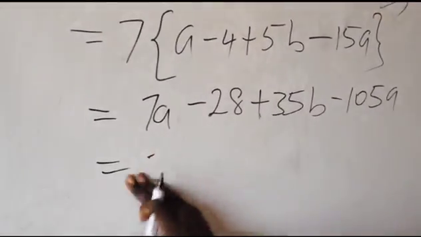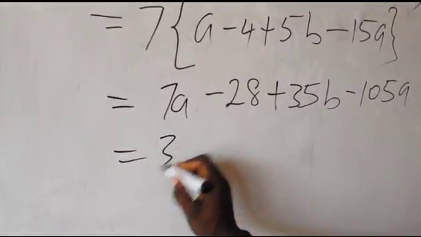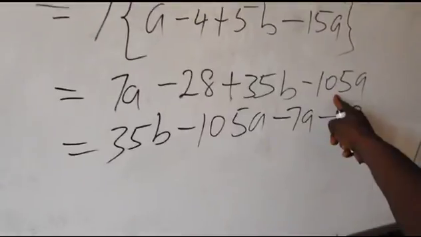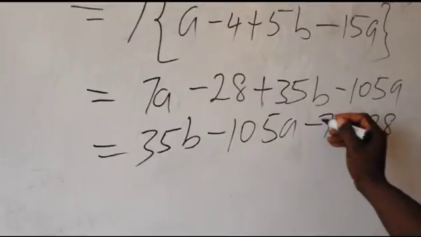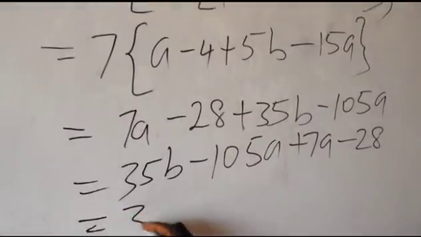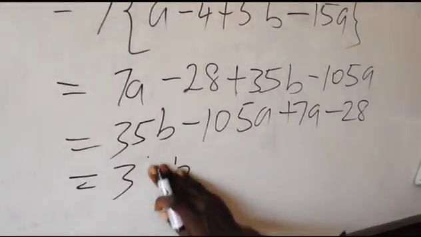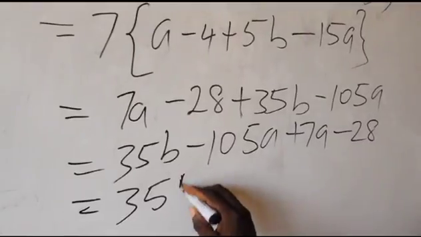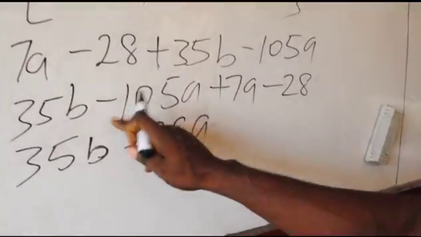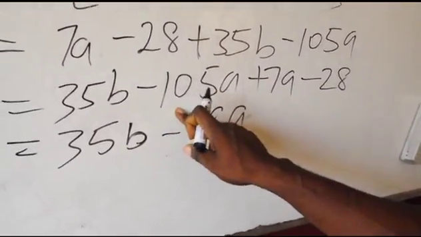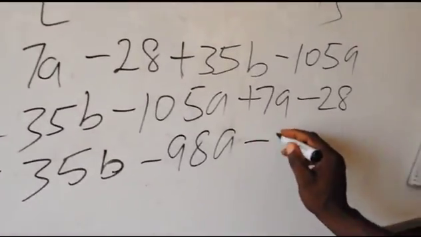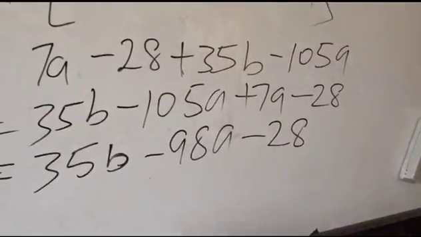Or let's take it one after the other. So 35b minus 105 plus 7a, then minus 28. So we have 35b, then minus 105. Minus plus is minus. So when you say minus 105 plus 7, that will give us minus 28. So this is the answer.